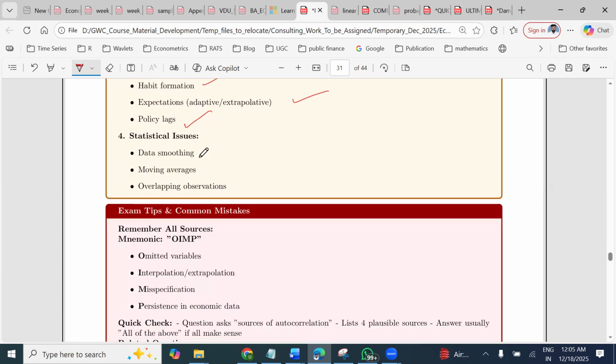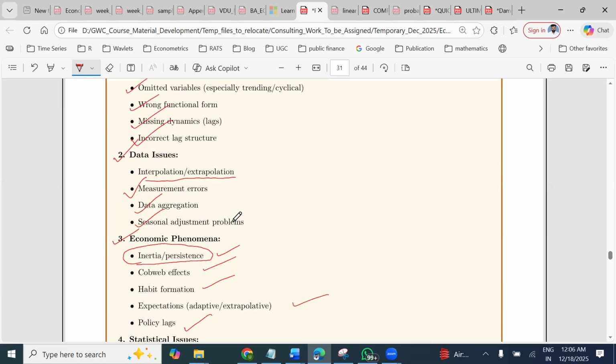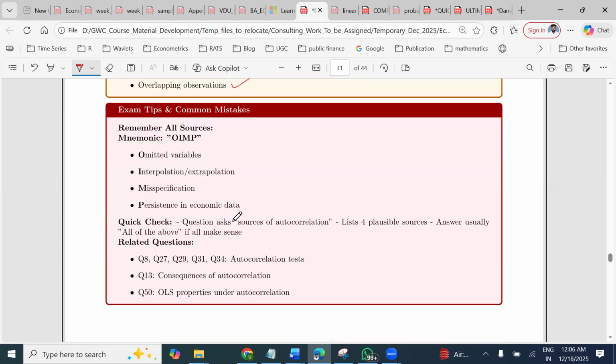Then for statistical issues: data smoothing and moving average, overlapping observations. So in all these cases, 4 possible regions are there. Please try to read and remember where the autocorrelation will come. Are you getting my point, Sangeeta? Yes, sir. So now the question is, remember all these sources. What is the shortcut? OIMP.